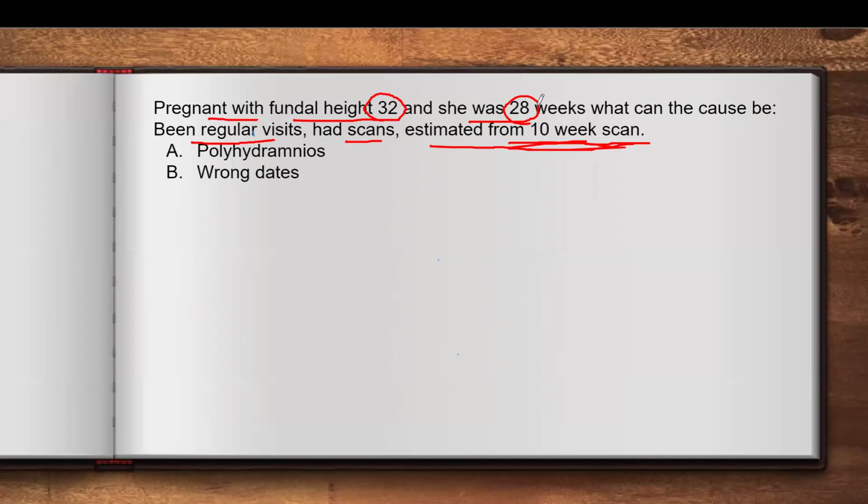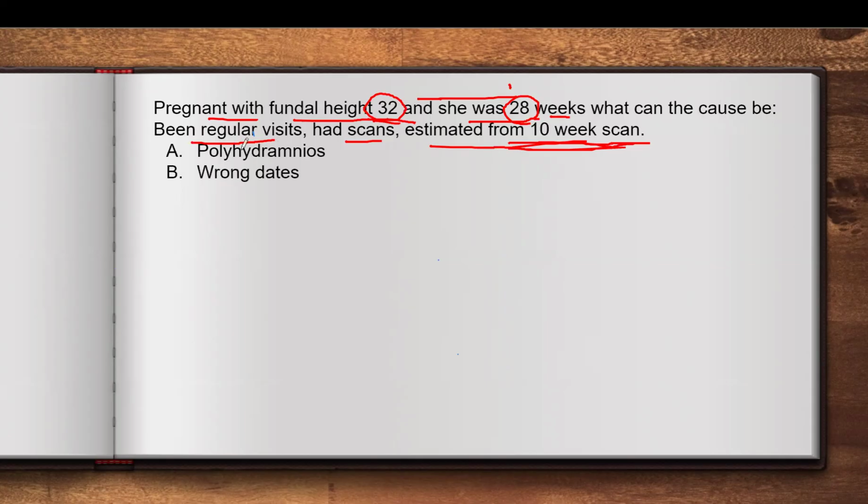Although this patient is 28 weeks pregnant, but her height is 32, plus minus 2 is acceptable. For example, if the fundal height was 30 centimeter, it would be acceptable. But 32 centimeter is a difference of 4, so this is very much high. So most likely there is some cause that is causing this increased fundal height.